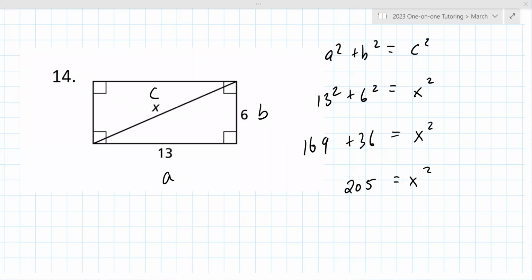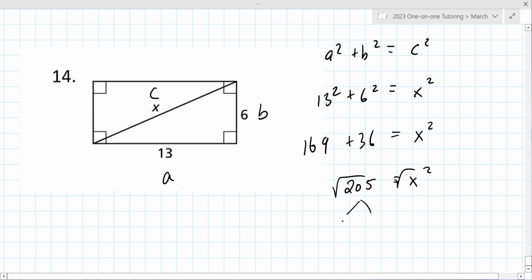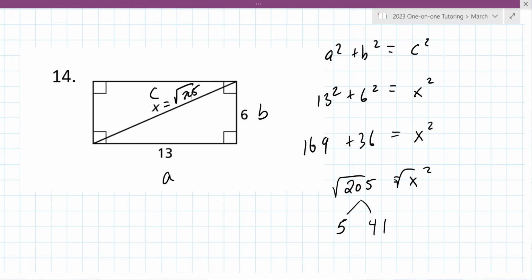Occasionally, if you try 2, 3, 4, 5, 5 works, but you get 41, and that's definitely a prime. So sometimes that's it. You get square root of 205. That's my final answer.